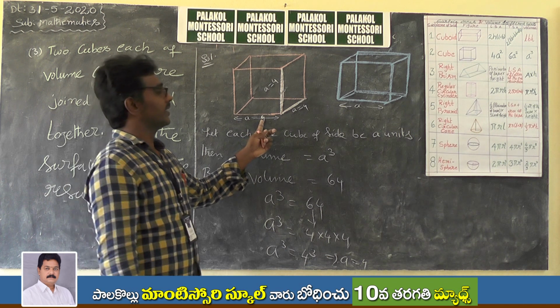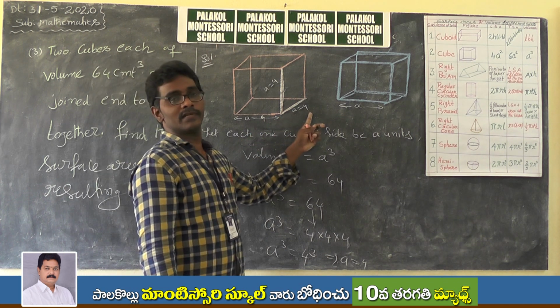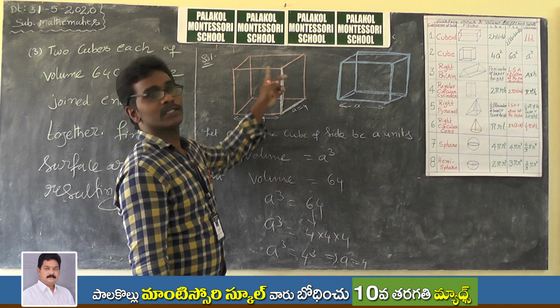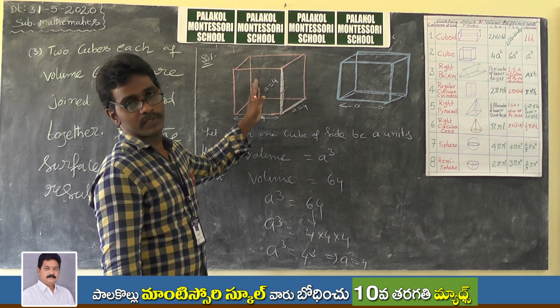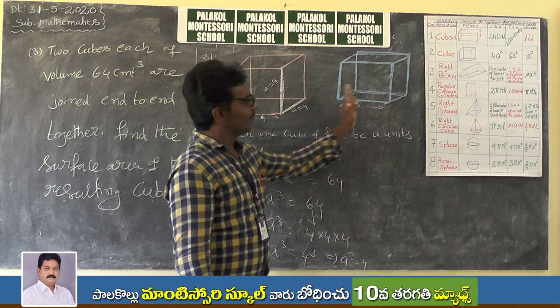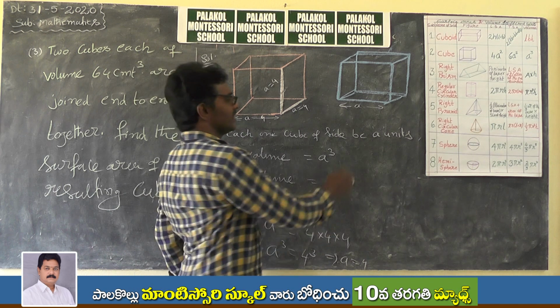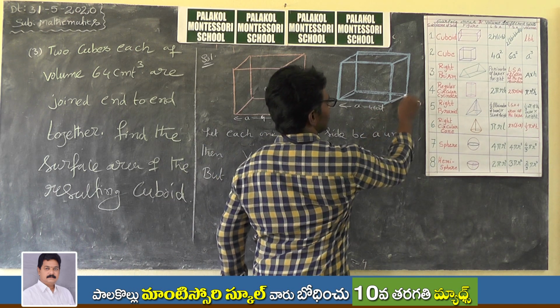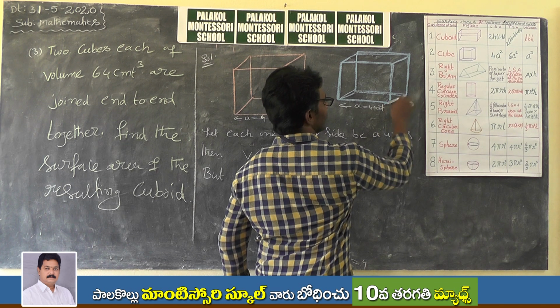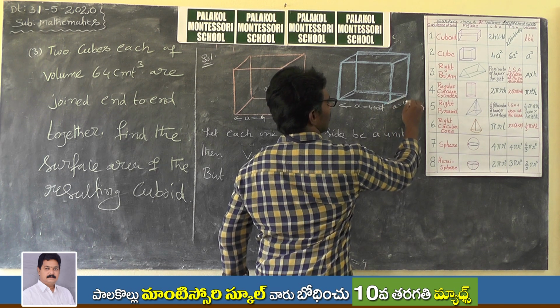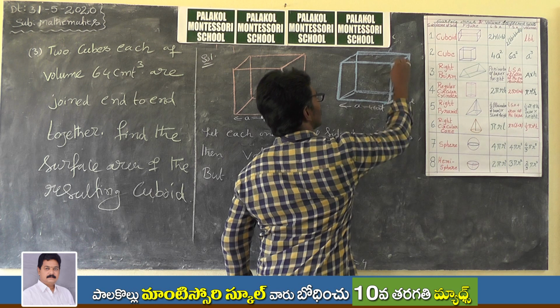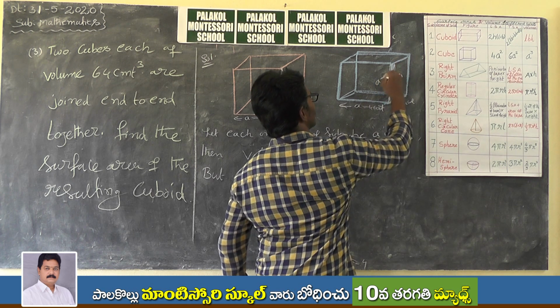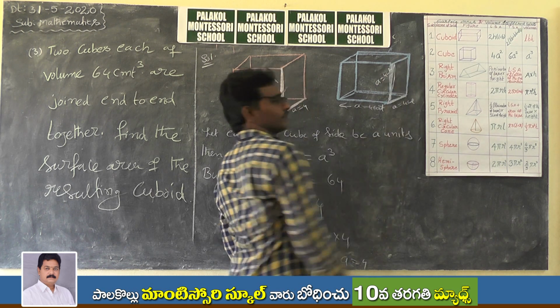Breadth is also A, equal to 4 centimeters. Height is also A, equal to 4 centimeters. Now the same applies in the second one. A is equal to 4 centimeters. Both are the same lengths.